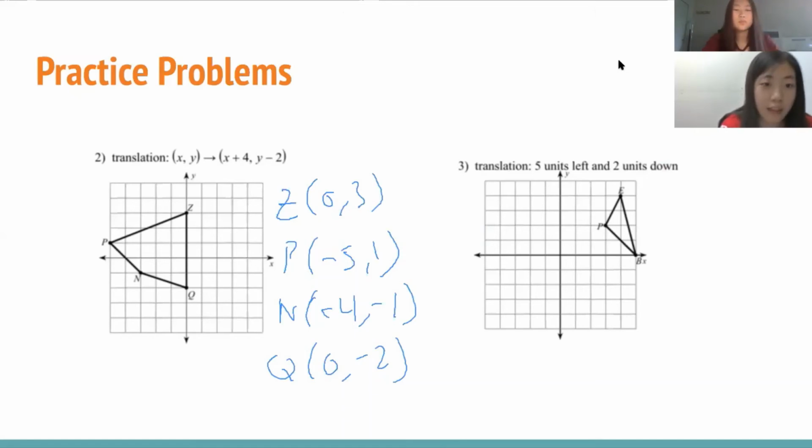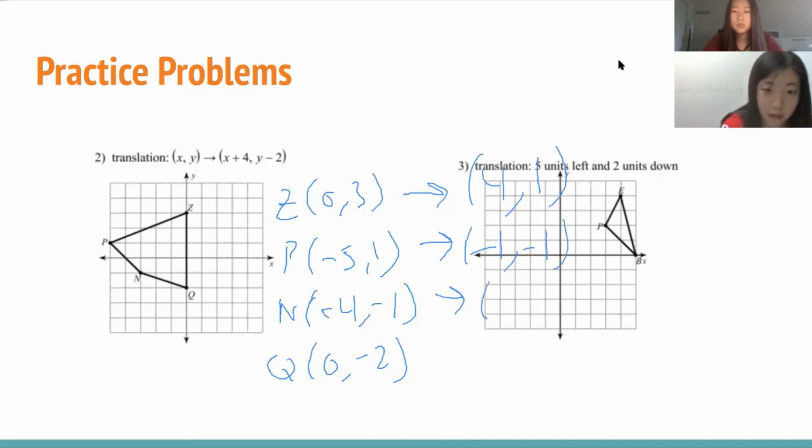Y's 2 units down. So Z will become 4, 1. P will become -1, -1. N will become 0, -3. And Q will become 4, -4. So now you can plot all these new points onto the coordinate plane.